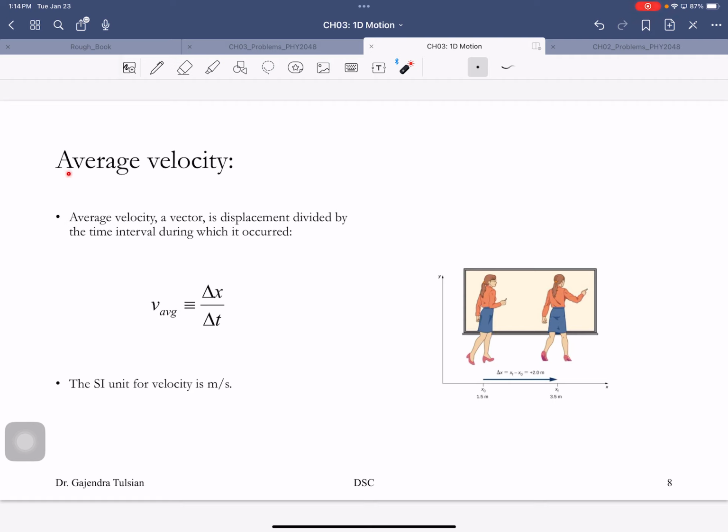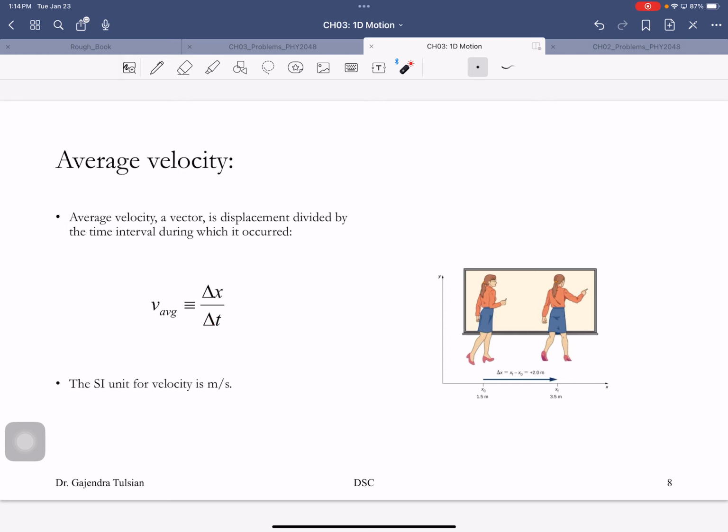All right. Average velocity. What kind of quantity is velocity? Is it a vector or a scalar? It's a vector. Let's look at the equation defining velocity. It's displacement, that's a vector, divided by time.